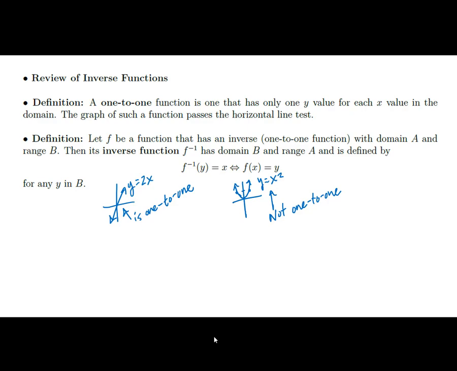But if you do have a one-to-one function, the way we define the inverse is to say that if you apply the inverse to y, you'll get x, where if you applied the original function to x, you would get y. It really just undoes things. It takes you from the output back to the input again.